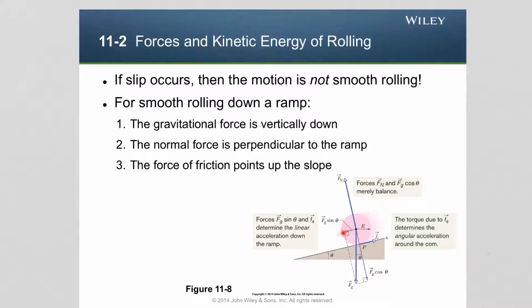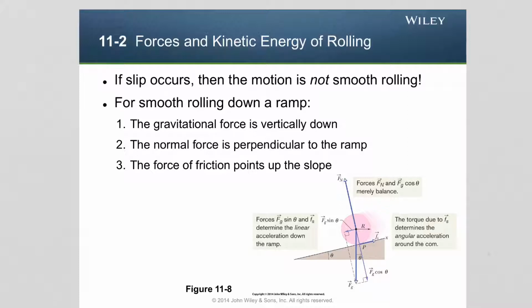That is the x component of the weight applied to the center of mass, and the static friction applied at the point of contact between the sphere and the incline. And in the y direction, we have the normal force and the y component of the weight, which balances it.